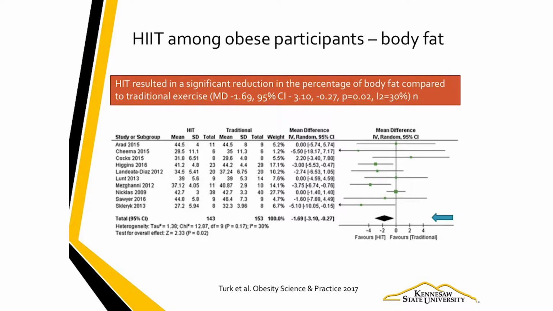But notice what the variables at the bottom are: favors high-intensity interval training or favors traditional training. In this case, you're looking at body fat, so you want that decrease in body fat compared to a traditional exercise. High-intensity interval training seems to be more effective at improving aerobic capacity, VO2 max, as well as decreasing body fat.